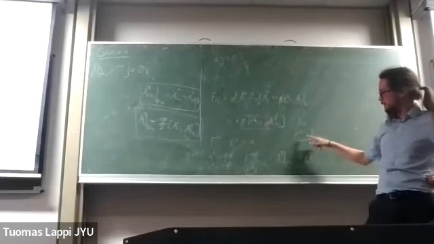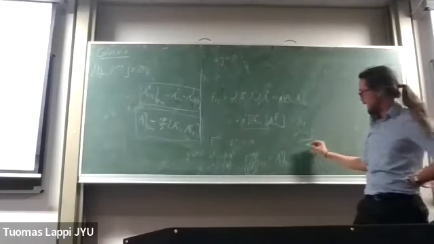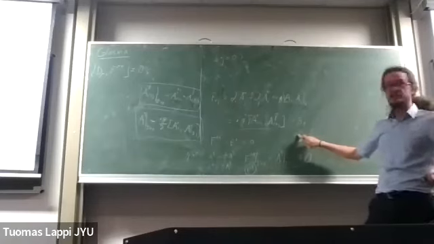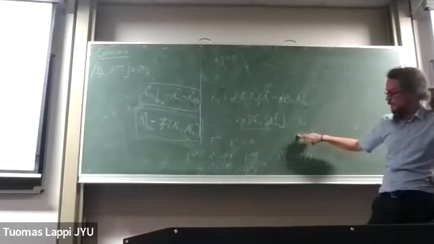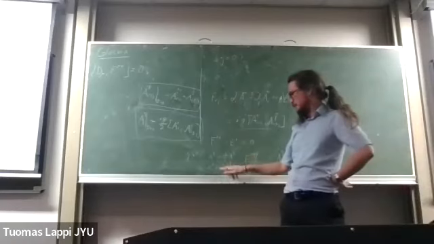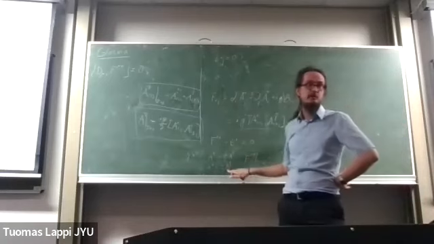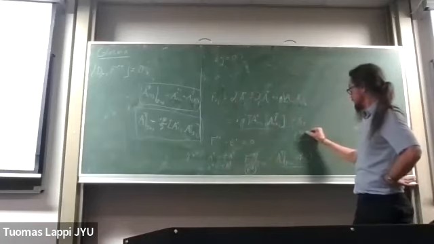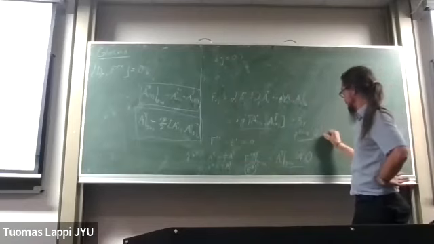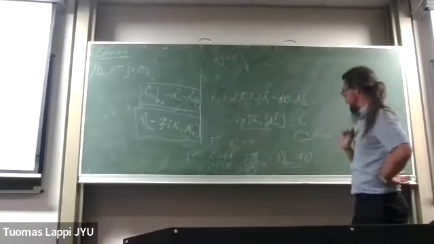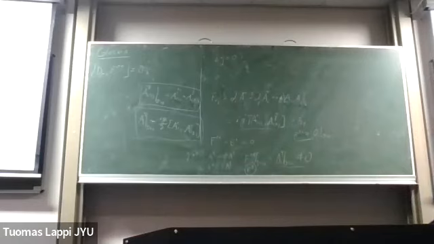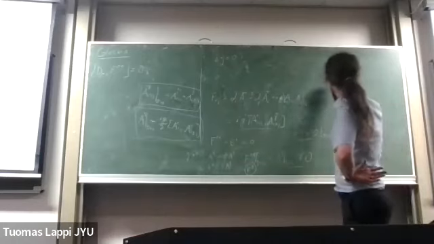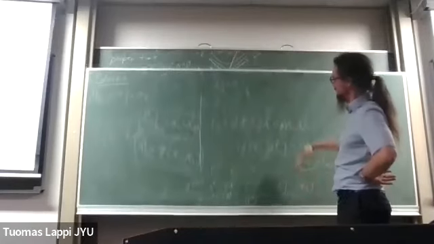The other option would be to have a transverse derivative of the z component of the gauge field, but the z component of the gauge field goes like tau times something which is finite. So this also is 0 at tau equals 0.